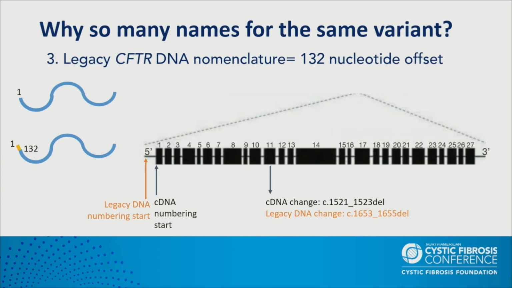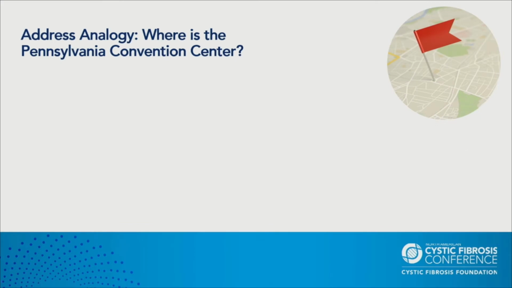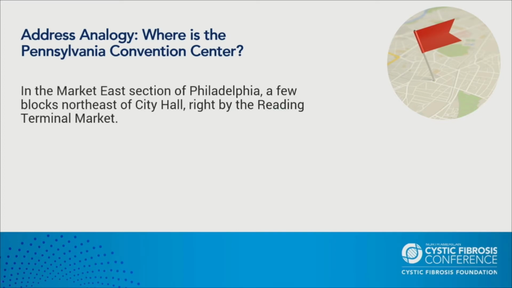I have an analogy next that I'm a little bit daunted to present after Dr. Dara had her amazing cheesesteak analogy, but I will still go for it. So these different levels of describing a mutation, I think, can be thought of similar to how you would give directions or describe a location. So there's a really familiar, colloquial way you could describe, where's the Pennsylvania Convention Center?